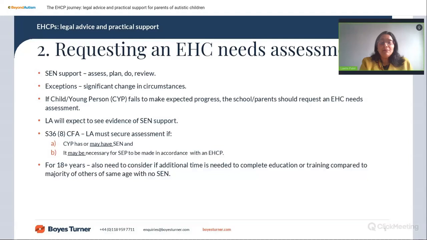For young people over 18 years, there's also an additional need to consider if additional time is going to be needed to complete their educational training in comparison to the majority of others of the same age who don't have special educational needs.